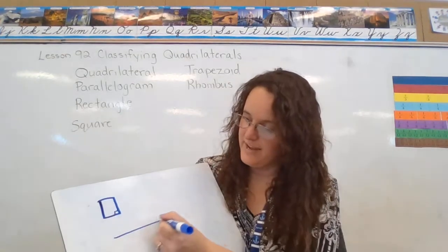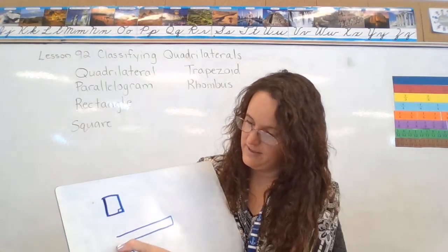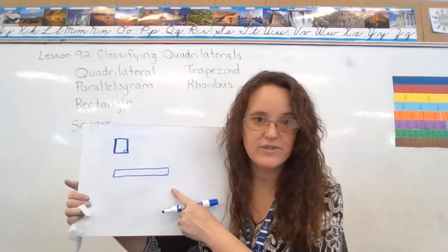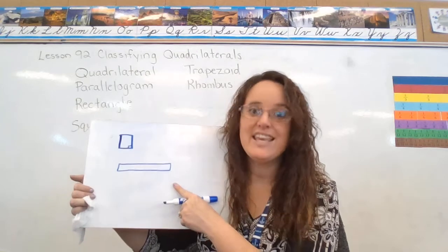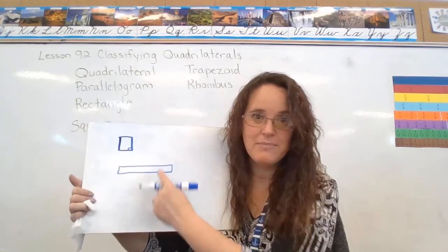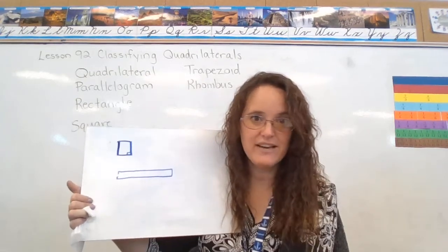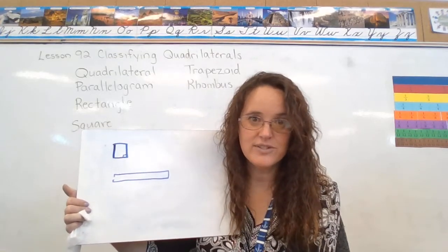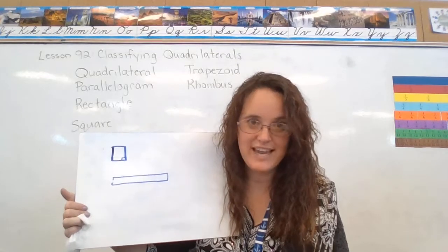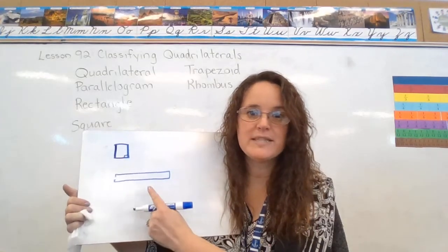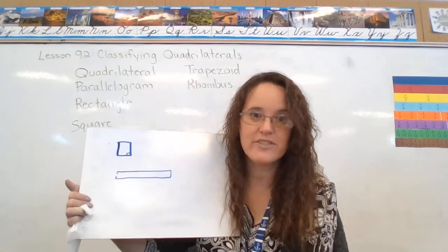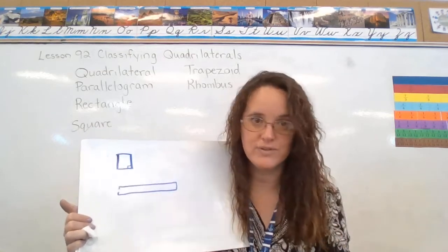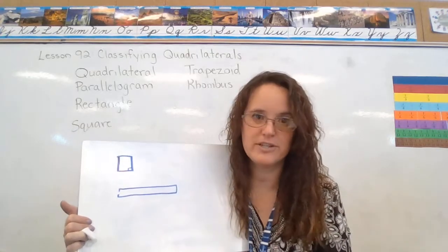Another example of a rectangle might be that one. It's still a quadrilateral. It has four sides. It's still a parallelogram. Opposite sides are parallel. But now it also has 90-degree angles, so we call it a rectangle. A rectangle is the most specific name for this shape because this shape follows all the rules that it needs to follow in order to be a rectangle.